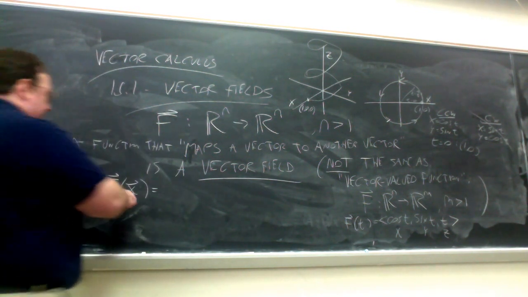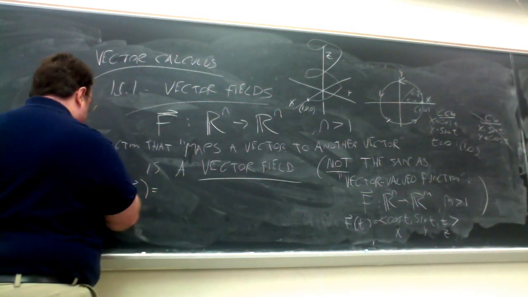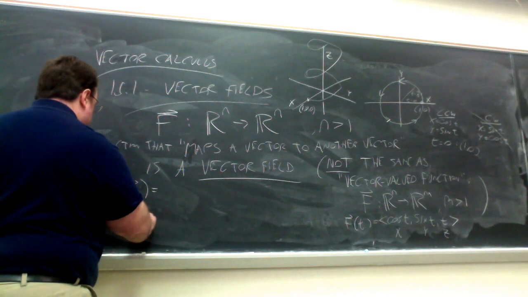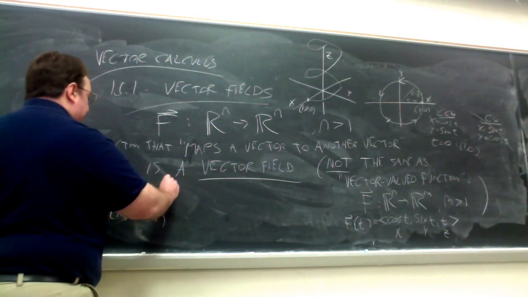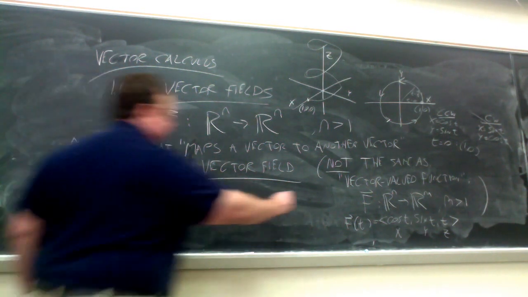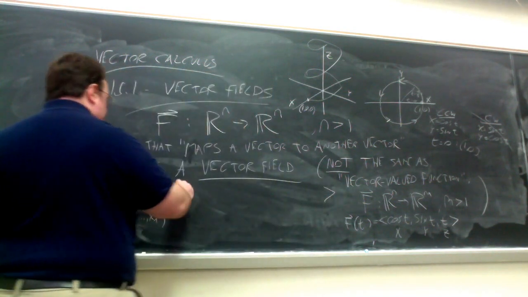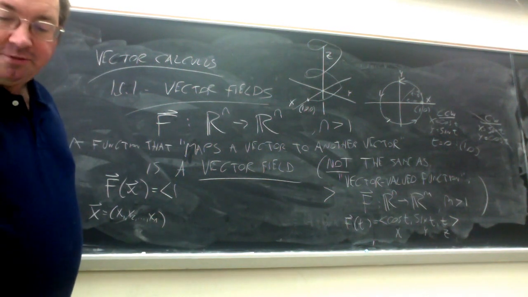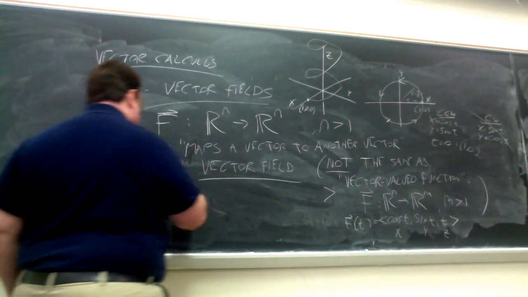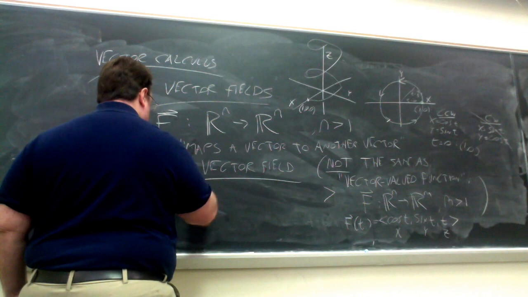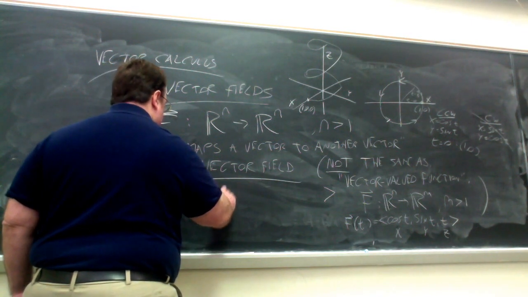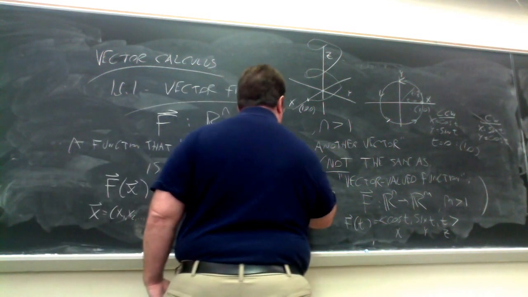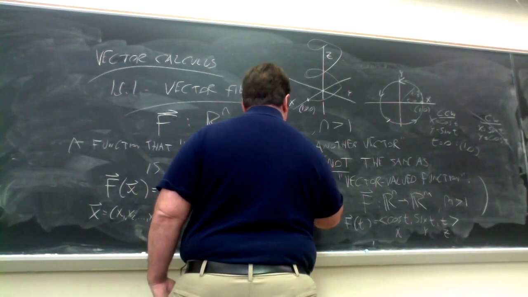So I have x, which represents a point in n-dimensional space, and the output f of x is also in n-dimensional space. So I can define each of the components of this vector f of x, the f1, f2, all the way to fn.